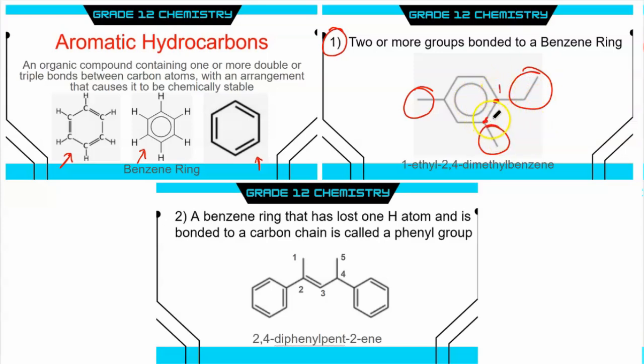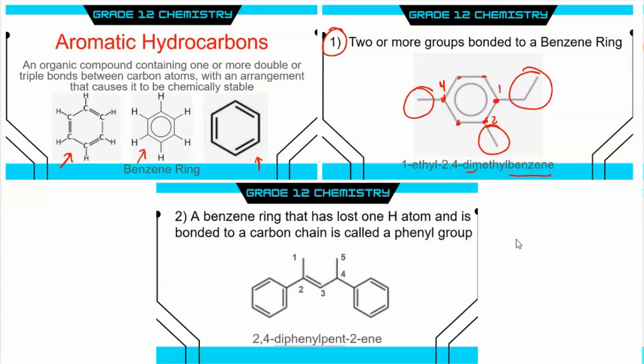So 1, 2, 3, 4, 5, 6. Okay, so this is our benzene ring with an ethyl group at 1 and a methyl group at 2 and 4. So we're just going to name it 1-ethyl-2,4-dimethylbenzene.